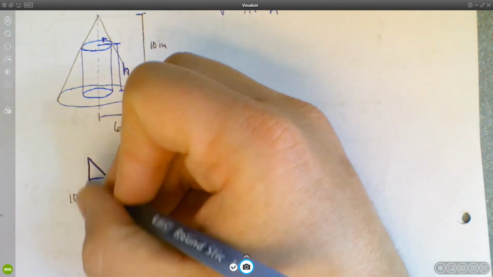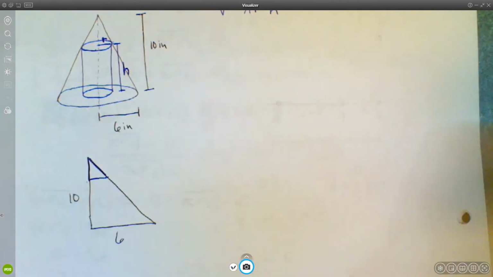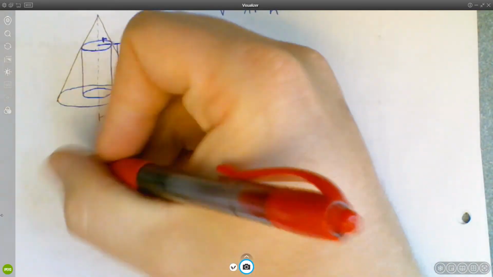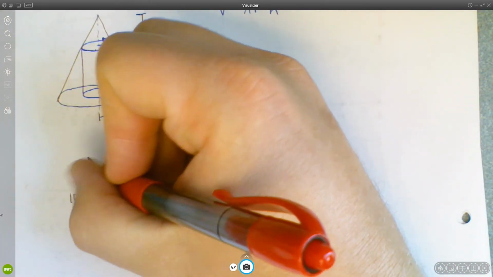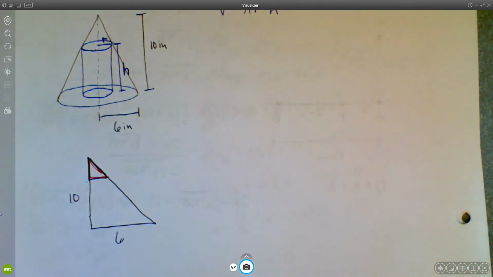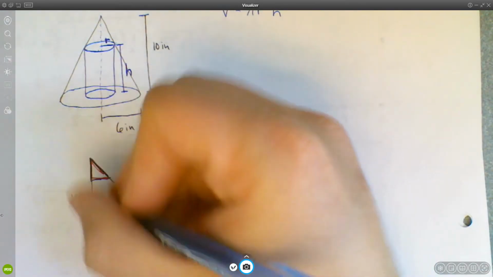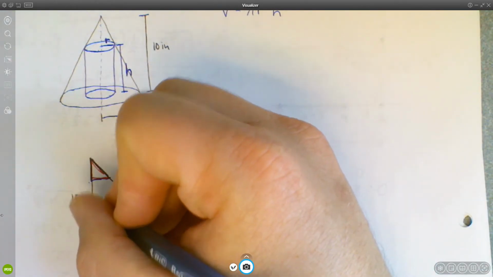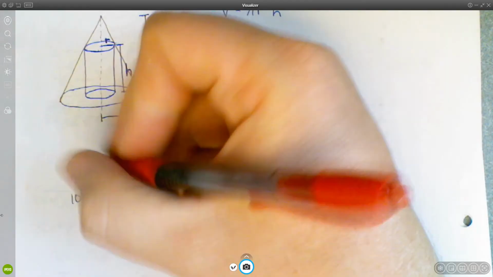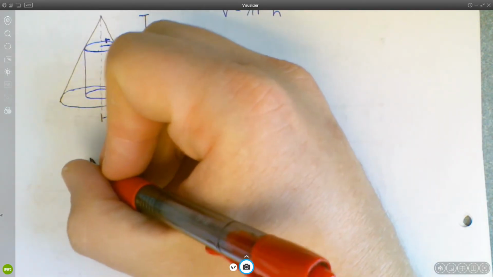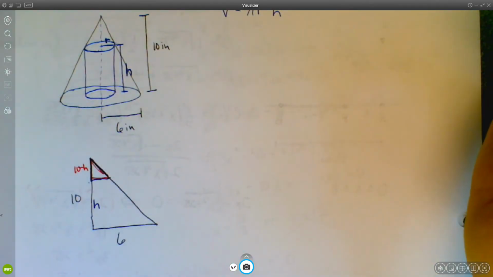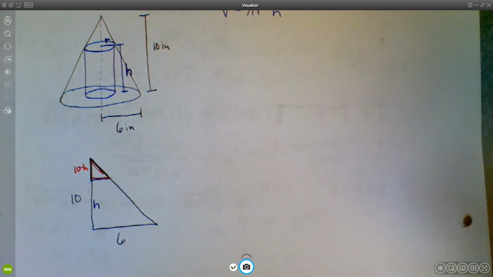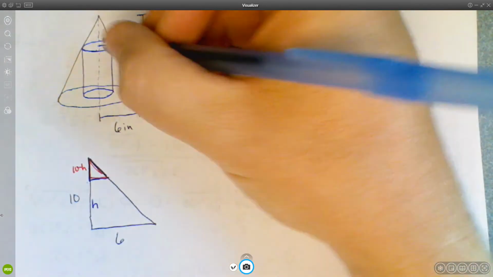Okay? And from here to here, maybe I should do that in red, I suppose. Now the colors are just getting confusing, right? But from here to here was h. And that means from here to here is 10 minus h. Okay? However, this part is the top of the cylinder, right?